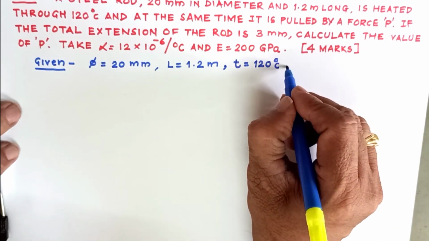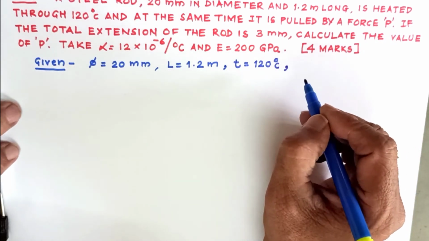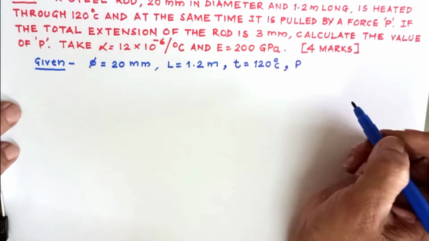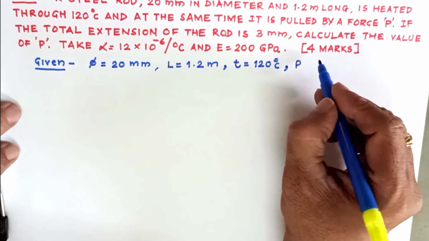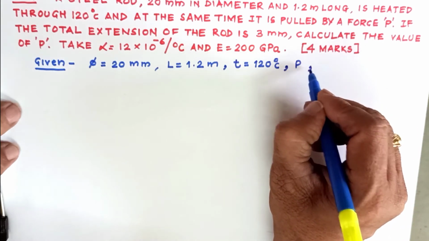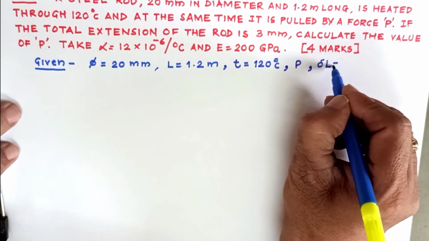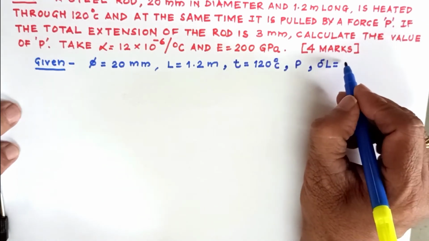At the same time, a pull P is applied on the rod, and the total extension of the rod is given as 3 mm.